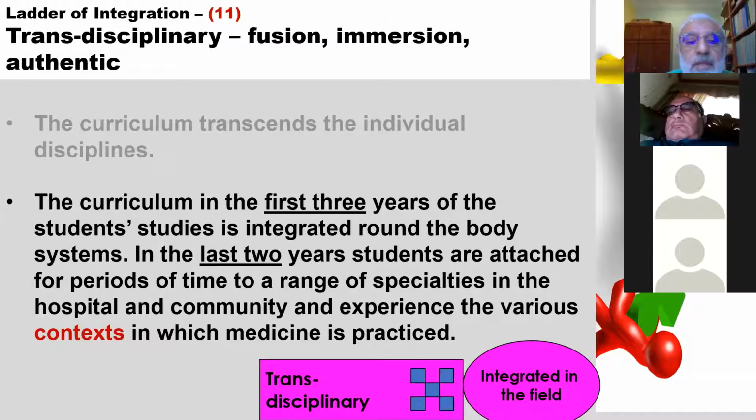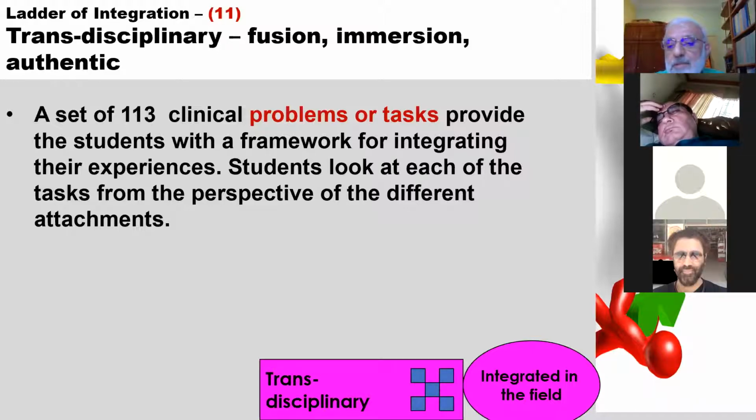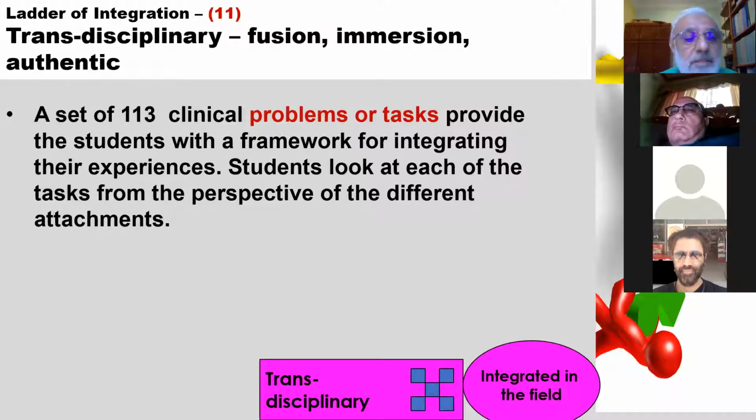For example, the last 2 years in Dundee, Scotland, the whole clinical component is divided into 113 clinical problems or tasks, and students work on that going through different disciplines rather than having specialty postings.